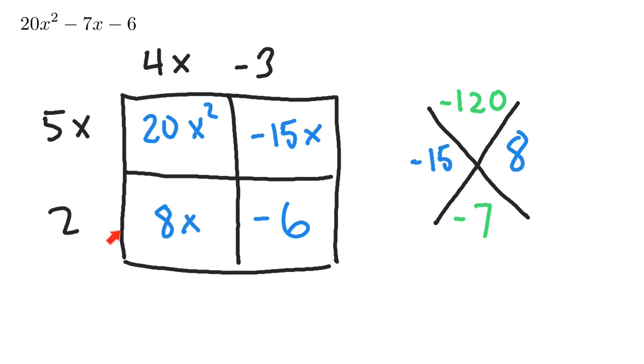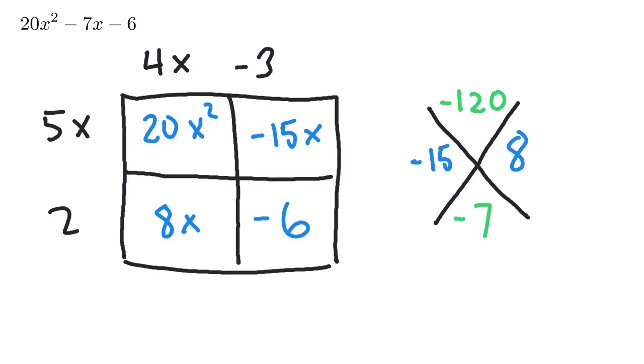If the box closest to the edge has a positive term in it, then the GCF is positive. Like these two here are positive on the edge, so that's why the GCF is positive. Going up, this one here is positive, so that's why the GCF is positive. But this one here had a negative in the box closest to the edge, and so I have to make this GCF a negative.